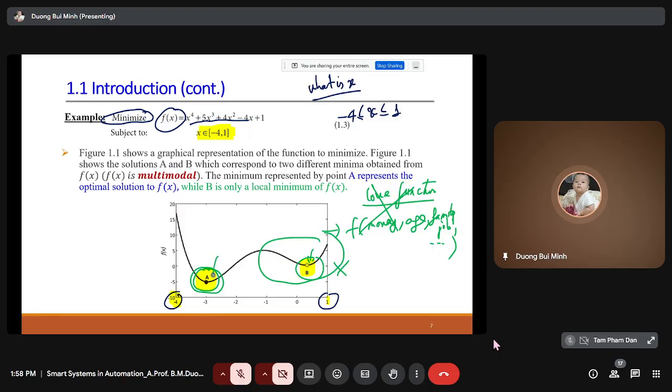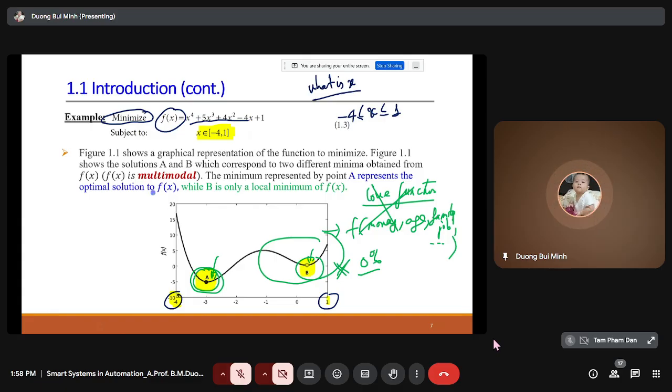Actually, the lowest point is A, not B. That's the example for the course project. If you say point B is the lowest point, it's wrong, 0%. The lowest point must be A.